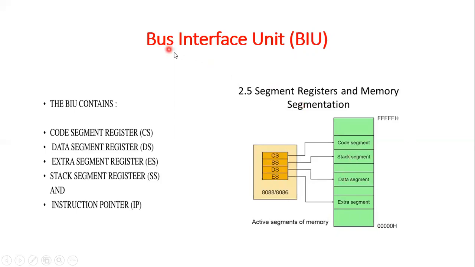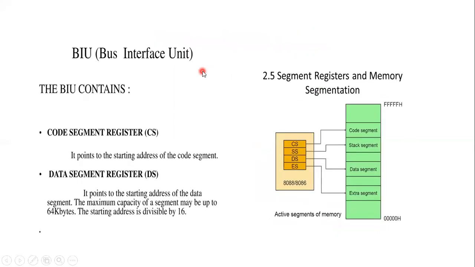Now, the first one is the code segment. The processor uses the code segment for all accesses to instructions referenced by the instruction pointer.